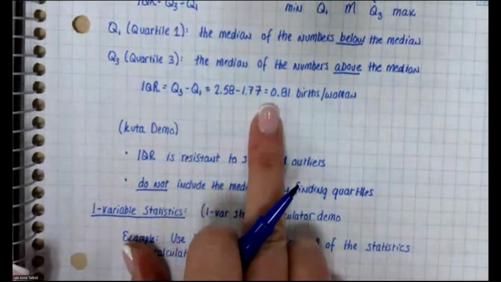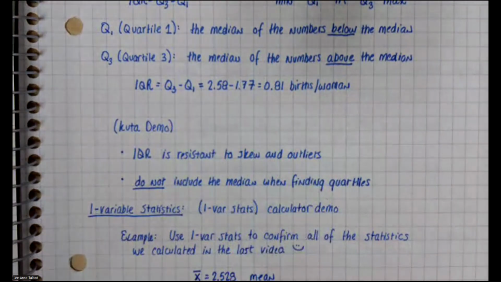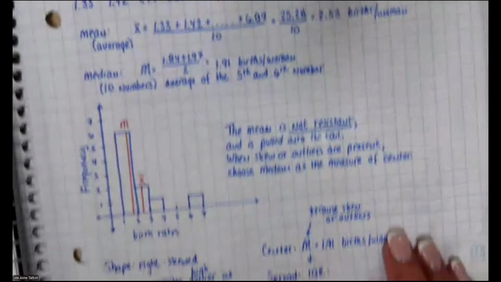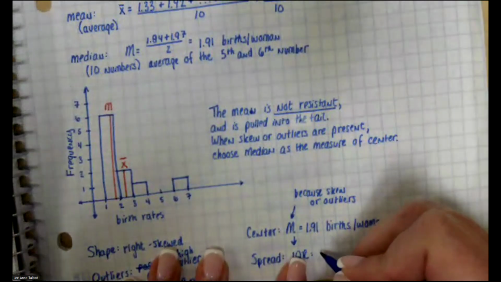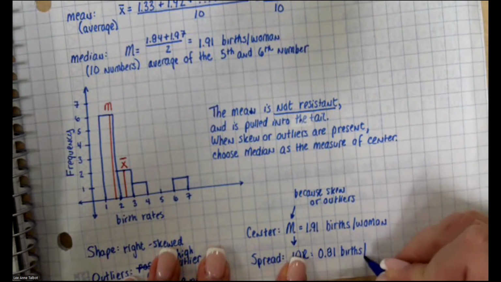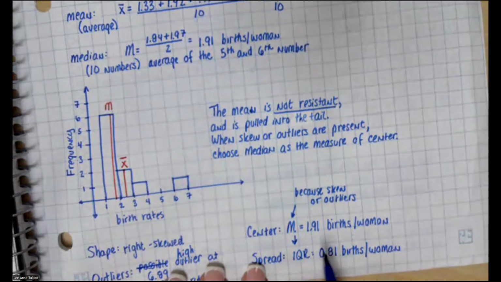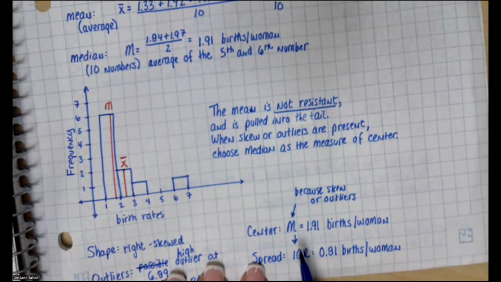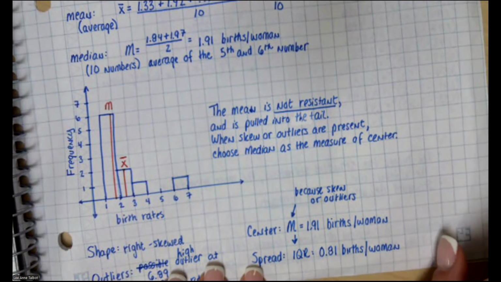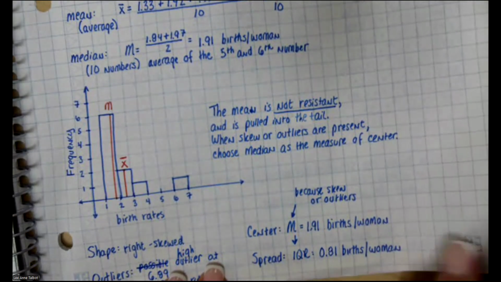And I already calculated it right here, 0.81 births per woman. So just a quick note, if you're choosing the median, you want to choose IQR for your spread because IQR requires the median to calculate it.